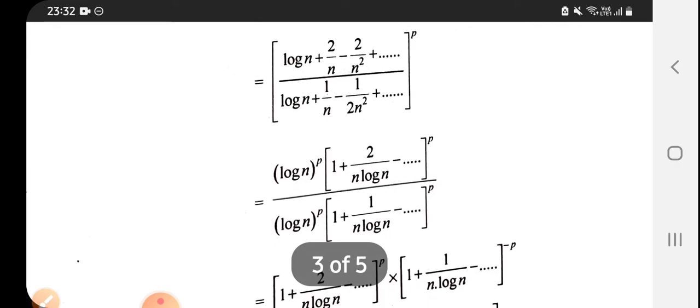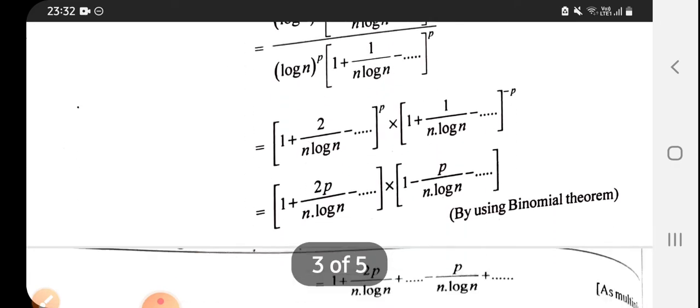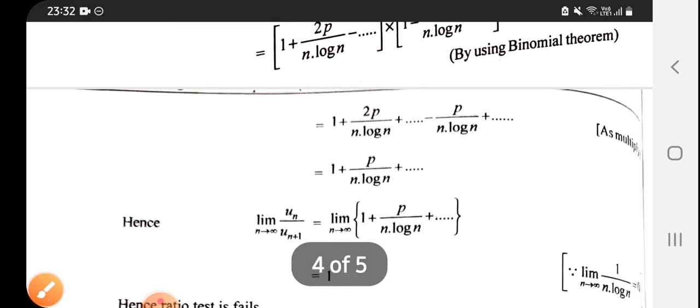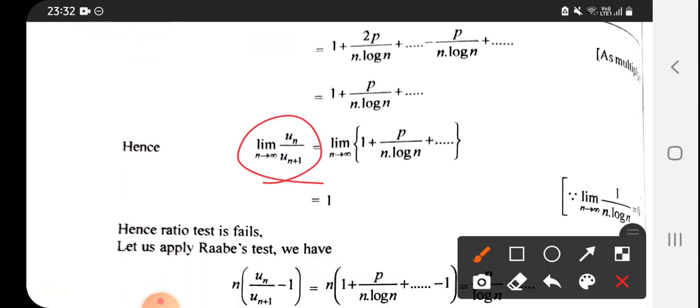Taking log in common, we get this given expression, and this we find with the help of the binomial theorem. Multiplying both the brackets, we get this expression, and the limit as n tends to infinity of un divided by un plus 1 gives the value 1.